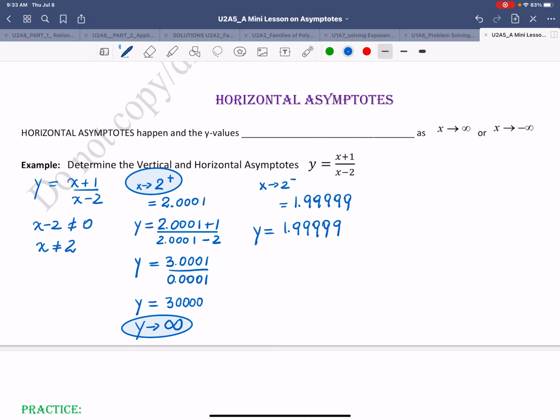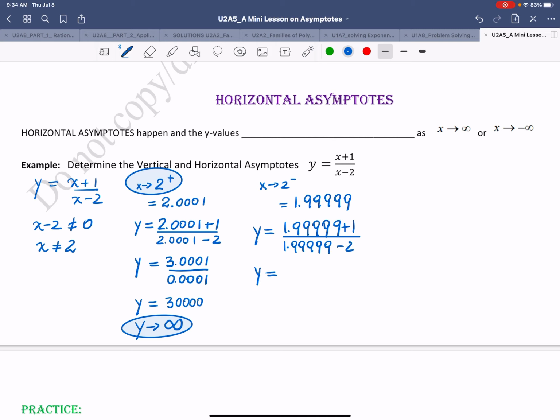But when I use a certain number in an equation, I keep the same value throughout the equation, which means if I substituted 1.99999 with 5 nines after number 1 for this x, the exact same thing must be here as well. Now, plus 1 divided by 1.99999. How many nines do we have here? 5. And then minus 2.